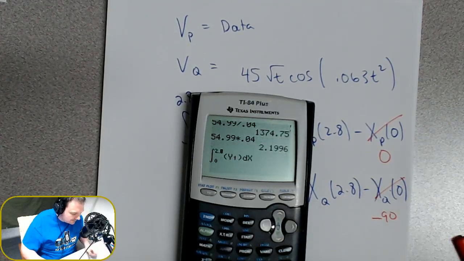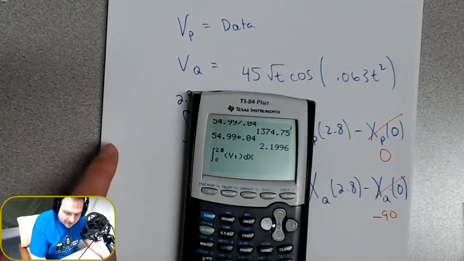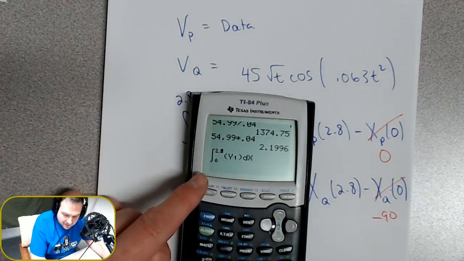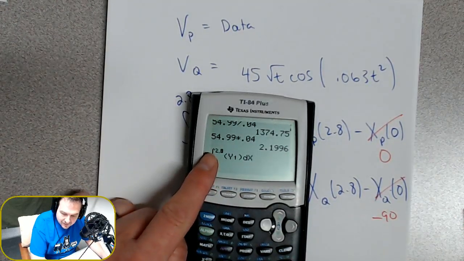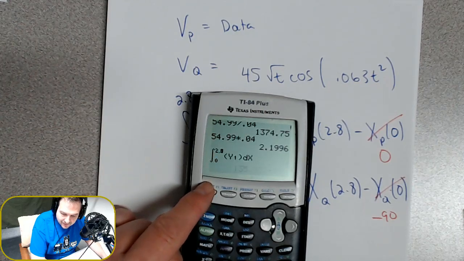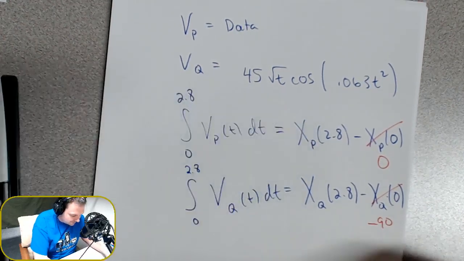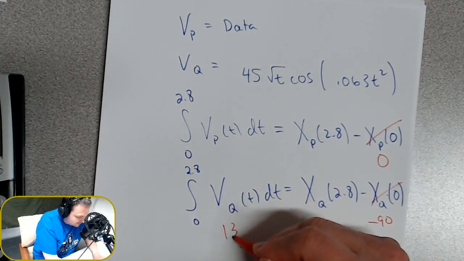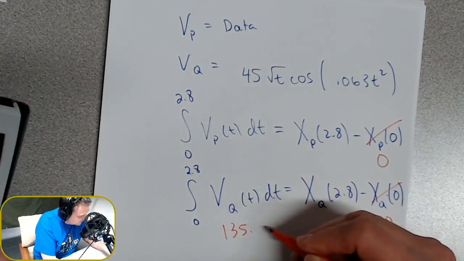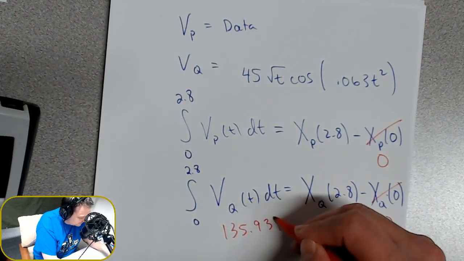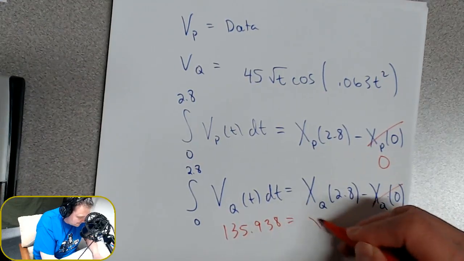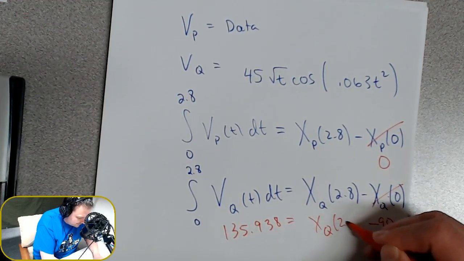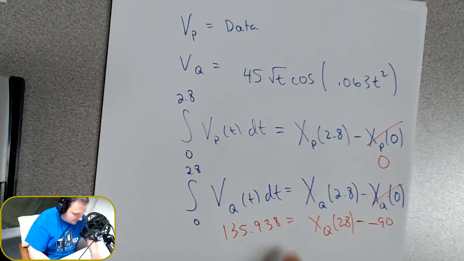And that tells me the displacement. That tells me the change in position from 2.8 to 0. That change in position is 135.938, we'll round.